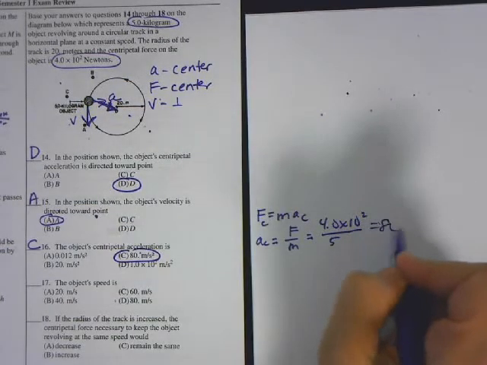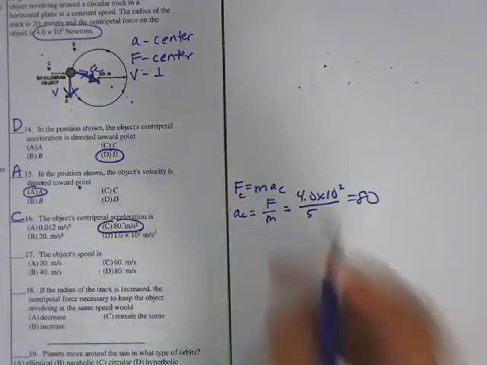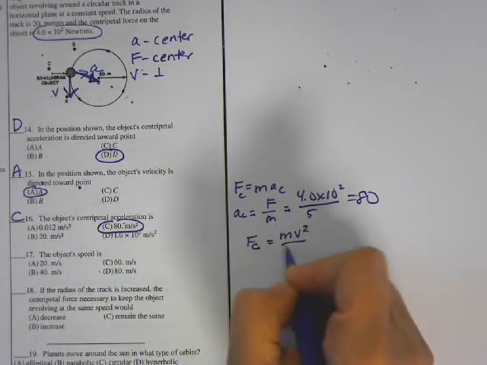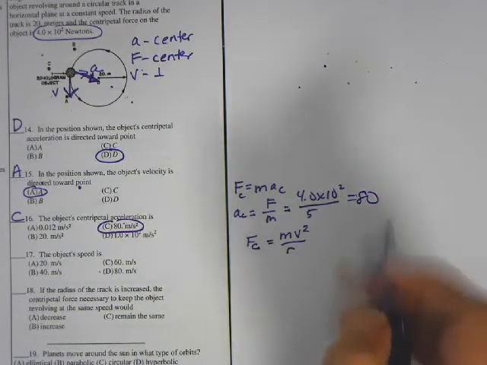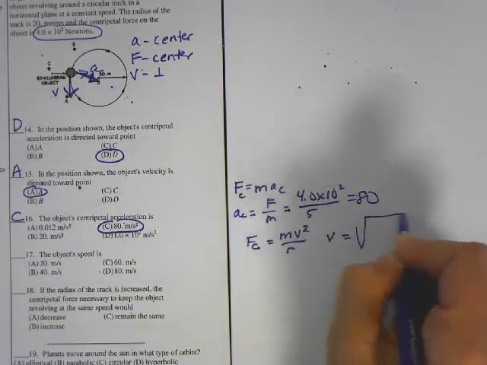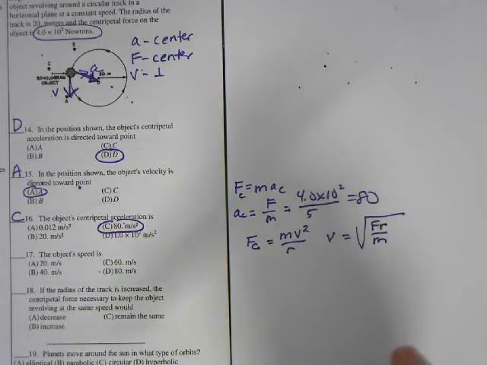The object's speed. So again, centripetal force is equal to m v squared over r. I just found the acceleration, so now I'm going to rearrange the equation to solve for v. So v is equal to the square root of F r over m. I'm kind of skipping the intermediate algebra steps because in the last chapter I did that so many times. I'm just trying to get this done.